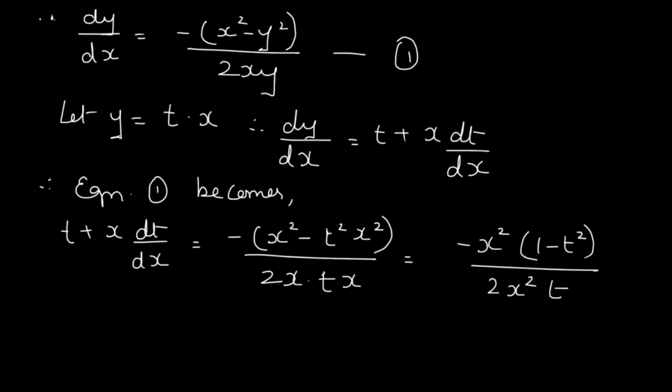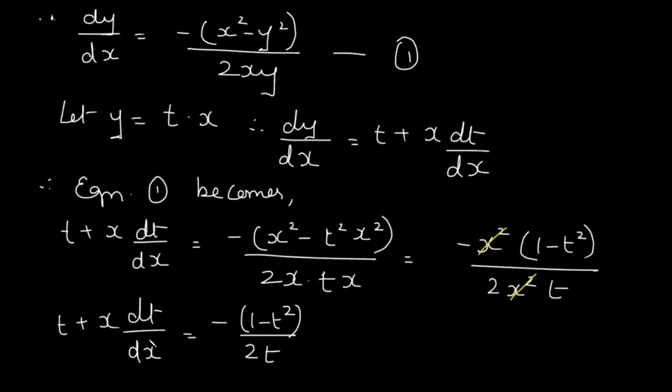So as you can see, the x square term gets cancelled from both numerator and denominator. Thus we get this particular term, that is we write it as t plus x dt upon dx is equal to (1 minus t square) upon twice of t.